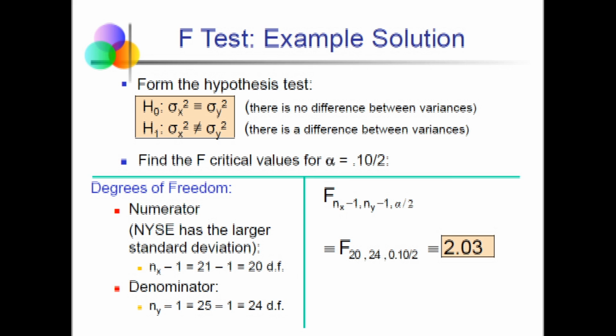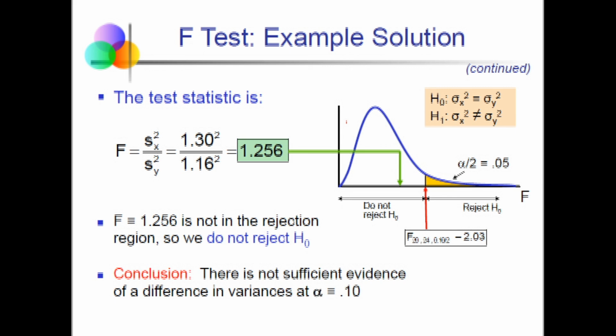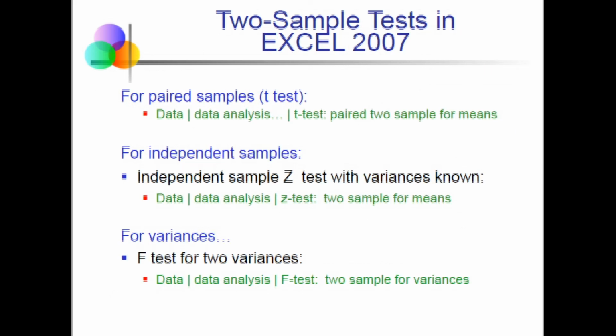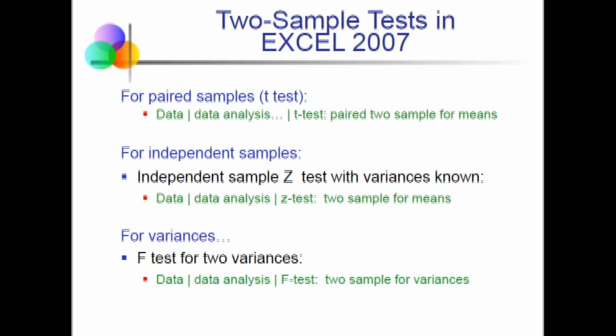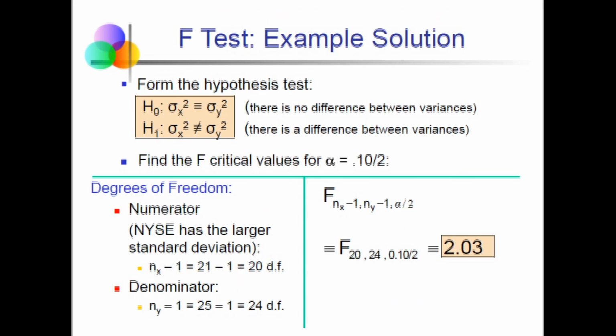So that gives us the value. This is how we find the degrees of freedom, and that is how we find the critical value.